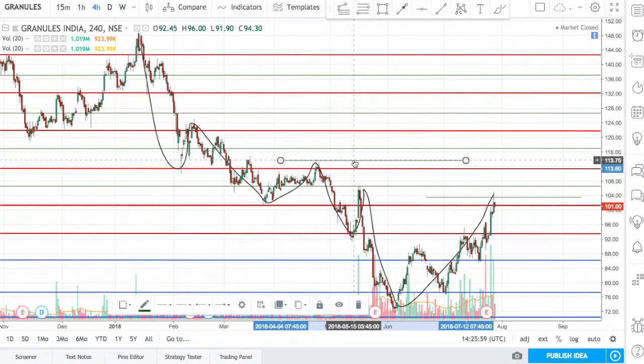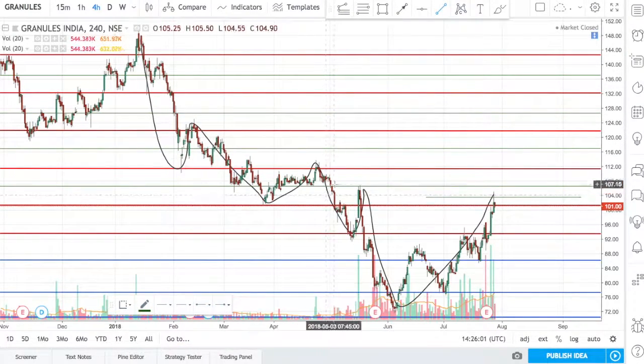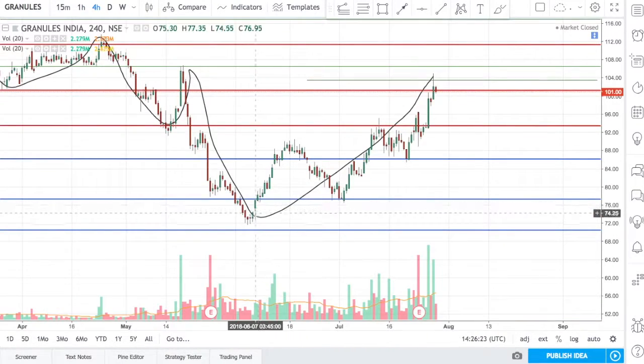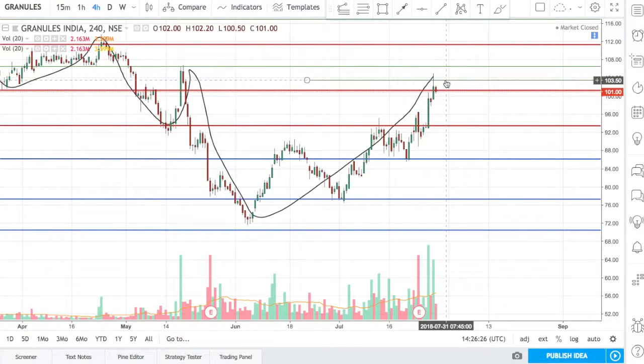I'm sorry for drawing it here. The most recent confirmed retracement was this point here, and this leg here has kind of overextended a bit.